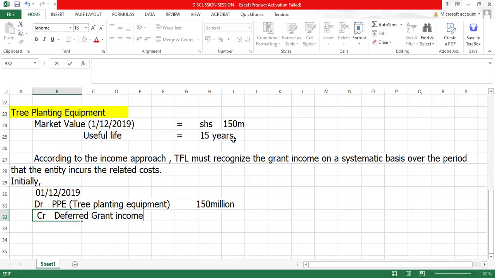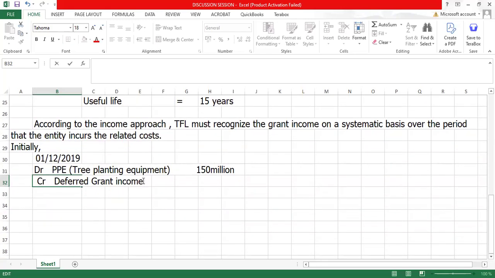You keep on allocating. So you call it deferred grant income because at this point you have not started using the asset. This asset has not started generating our income, okay? So you credit, it's a deferred.